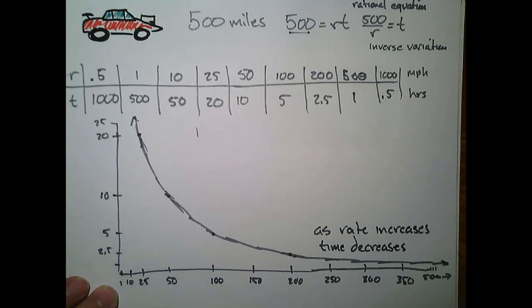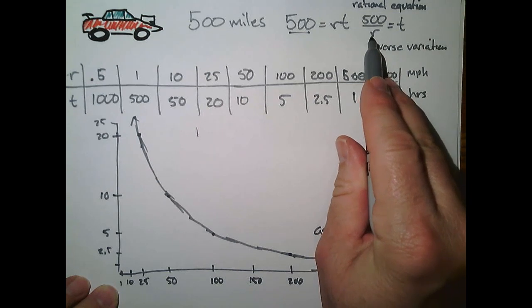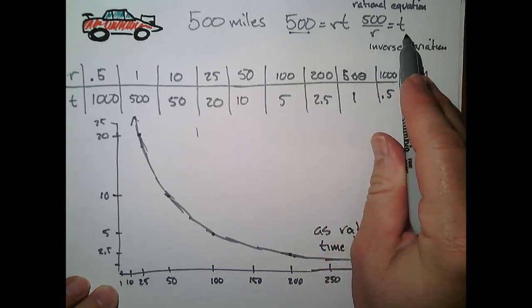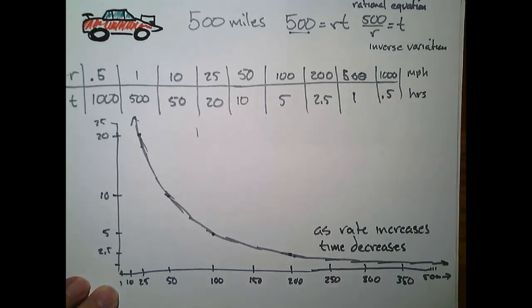But is our time ever going to get to zero? No, because there's no speed, there's no rate such that 500 divided by that rate equals 0. It's going to get closer and closer and closer.